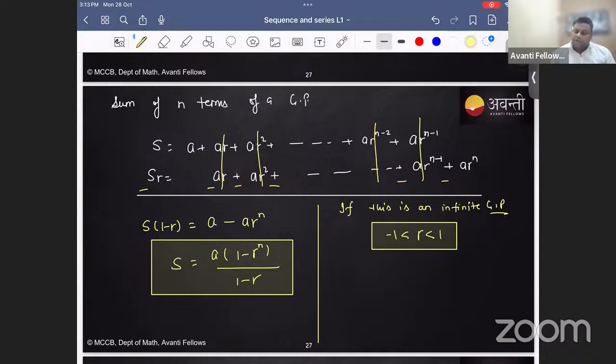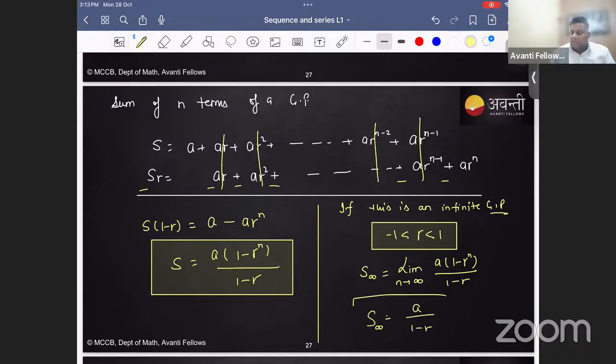Now see, if the common ratio is between -1 and 1, this fraction to the power infinity will become 0. So the sum to infinite terms is the limit as n approaches infinity of a times 1 minus r to the power n upon 1 minus r. If r is a fraction, a fraction to the power infinity goes to 0, so your answer will be a upon 1 minus r.